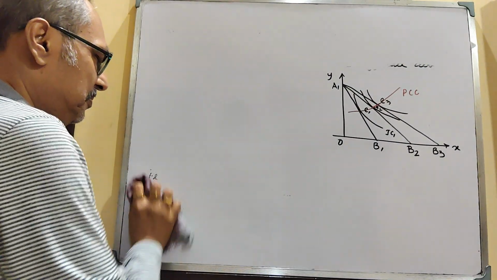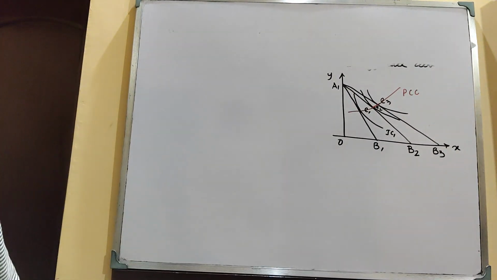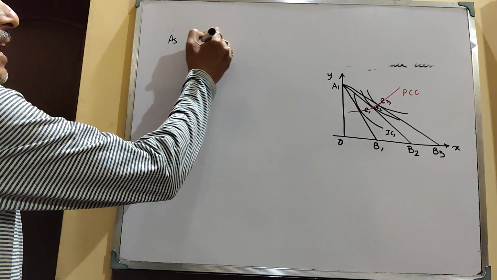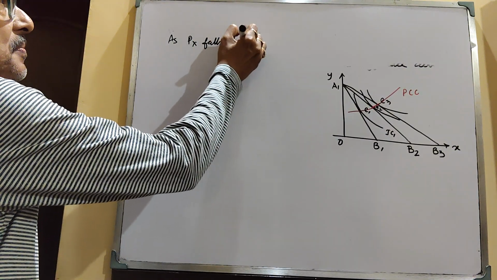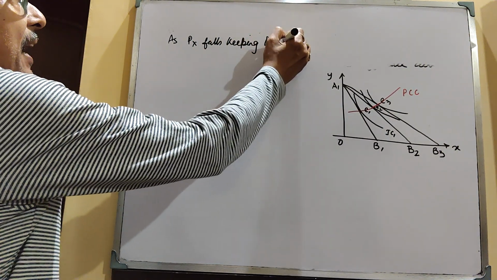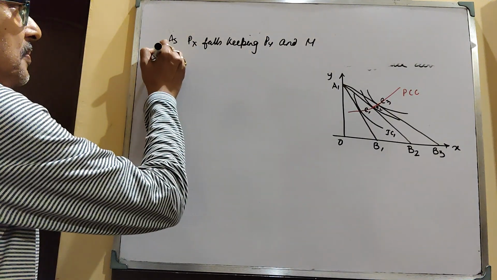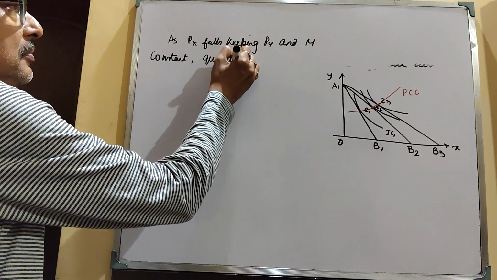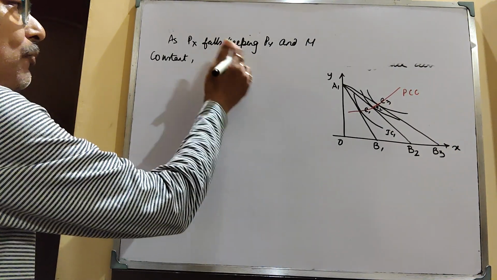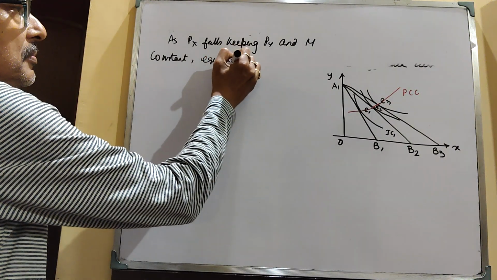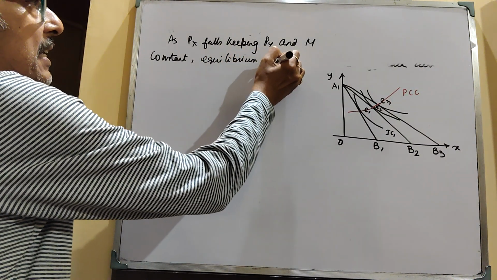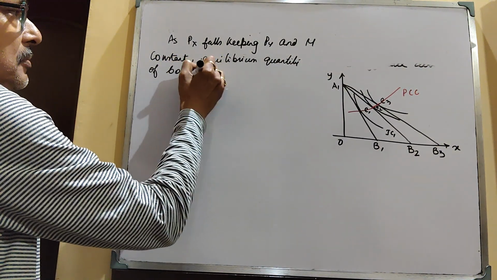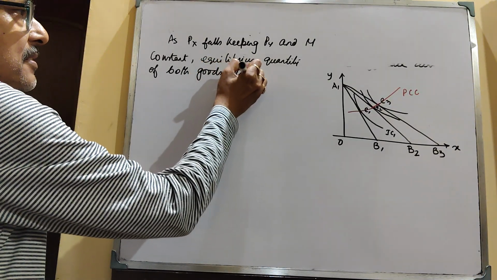From this diagram or by construction, we see that as Px falls, keeping Py and M constant, equilibrium quantity of both goods rises.